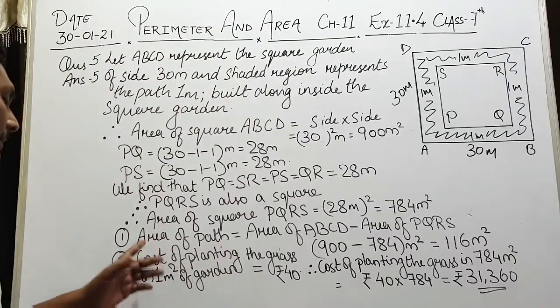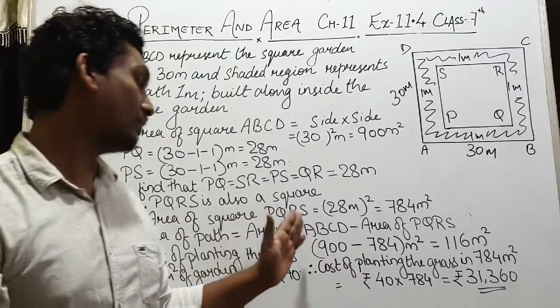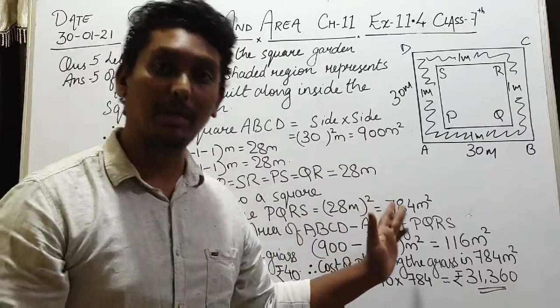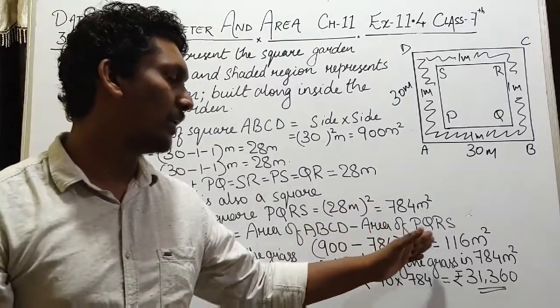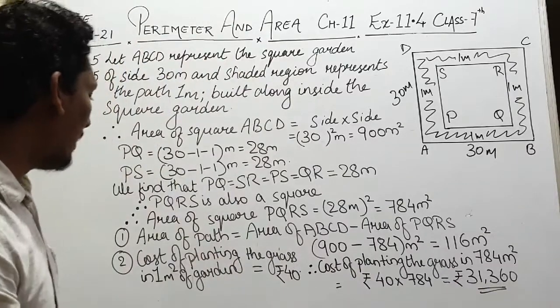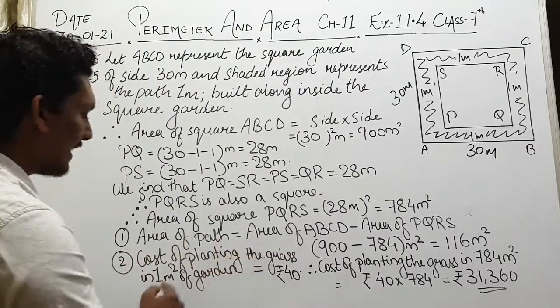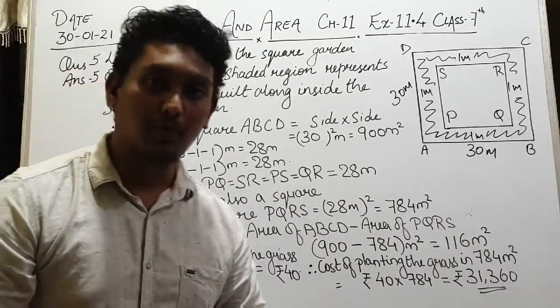Now the first part, area of the path, we have to find out. So area of square ABCD minus area of square PQRS, that is 900 minus 784 meter square, you will get 116 meter square. Now the next part is the cost of planting grass in 1 meter square of garden, the cost is given rupees 40.